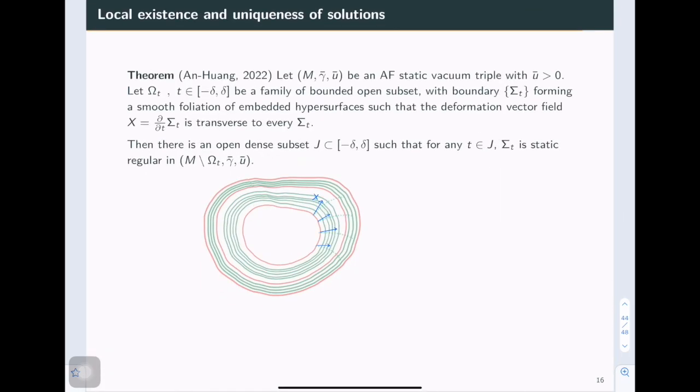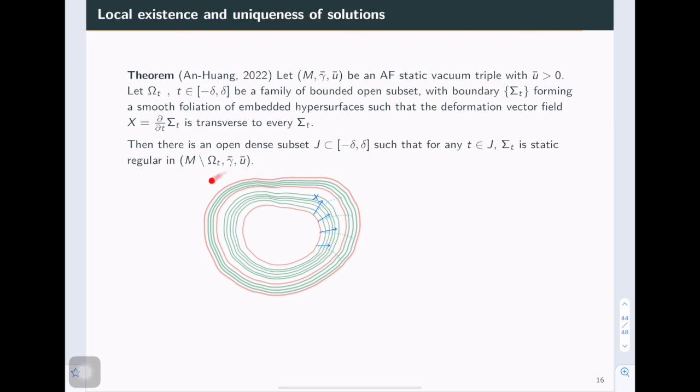Furthermore, we studied which surfaces can be static regular, and we showed that in a background static vacuum manifold, if we have a family of bounded open subsets omega t, where t varies from negative delta to delta, and if the boundaries of omega t, denoted as sigma t here, form a smooth foliation of embedded hypersurfaces, so that the deformation vector field is always transverse to each hypersurface, then there must exist an open and dense subset of the time interval, so that for every t in that subset, sigma t must be a static regular boundary for the exterior manifold M minus omega t.